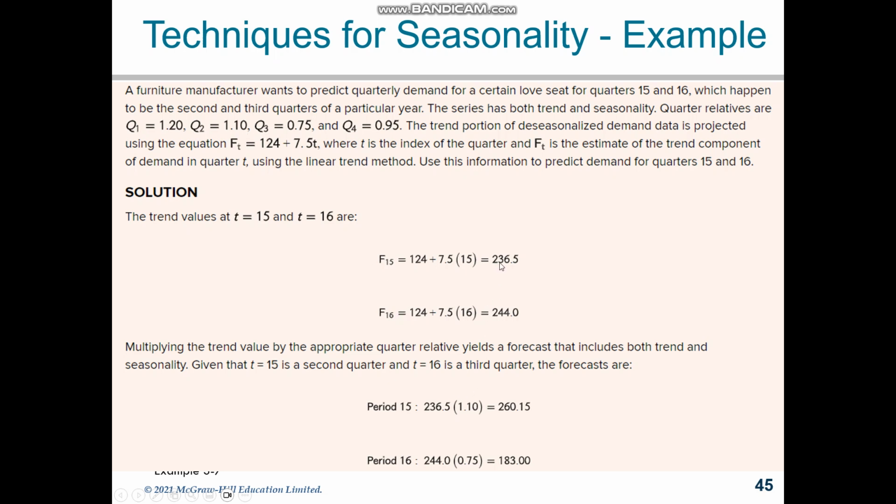So 263.5 should be multiplied by 1.1, which is Q2. And for period 16, the forecast considering seasonality will be equal to 244 times 0.75, which is equal to 183. And this is the final forecast using the seasonal relatives.